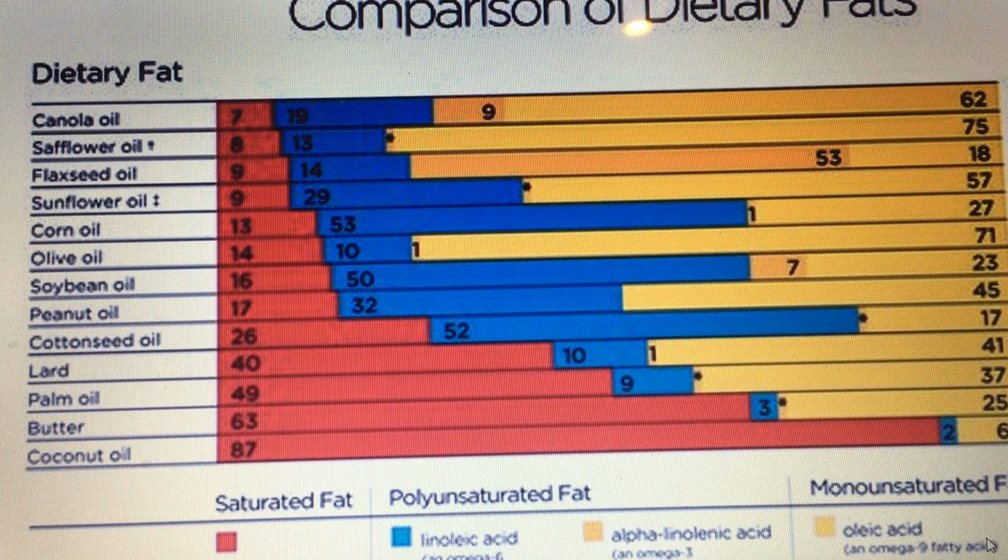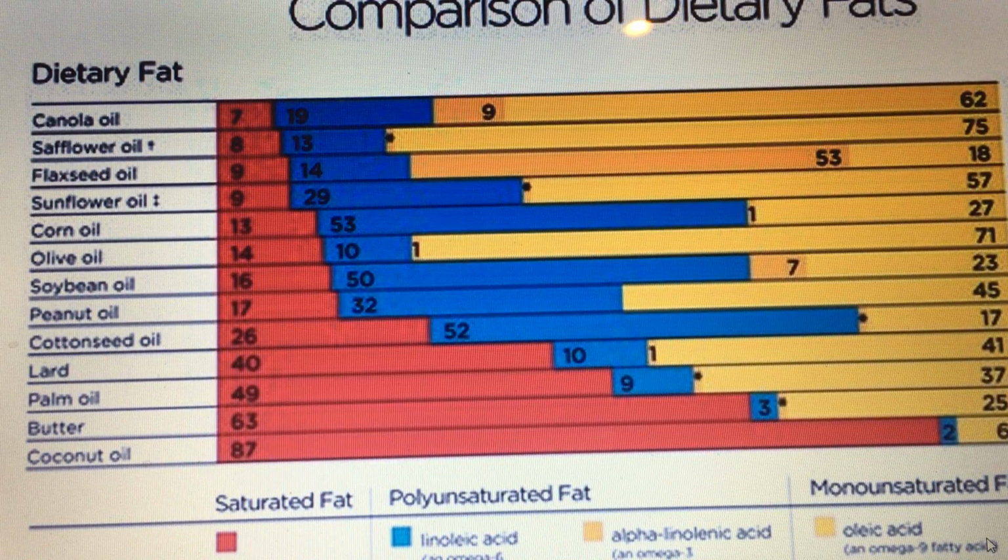And if you look all the way on the right, it has 62 grams of oleic acid in it, which is a monounsaturated fat. It doesn't mean that it's good or bad. It just means that it is highest in monounsaturated fat. So it would be a fairly good fat because it only has one chair missing.